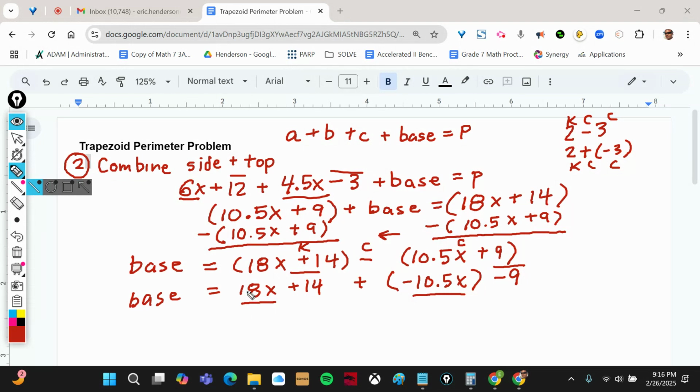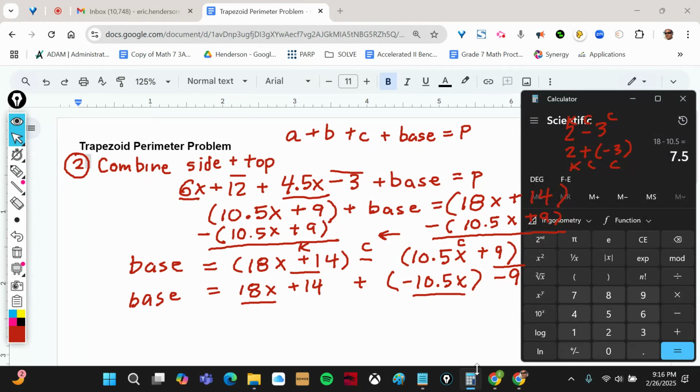So this is a positive 18x and a negative 10.5x. They're different signs. One is positive and one is negative. So what do you do? What do you do with that?